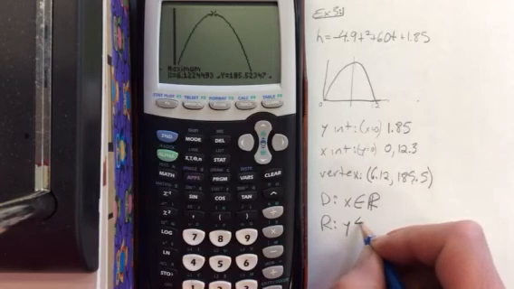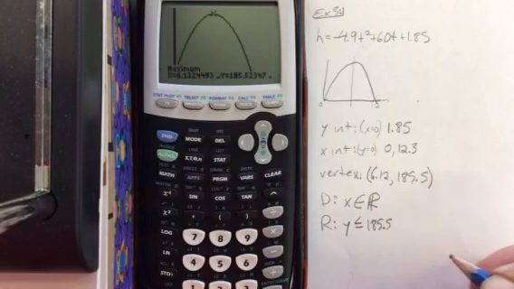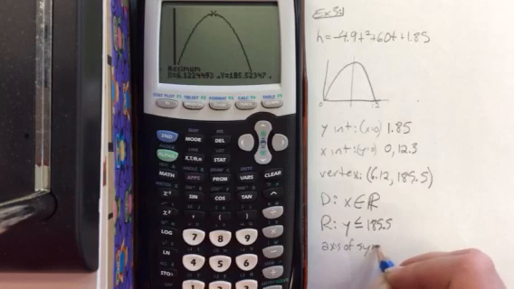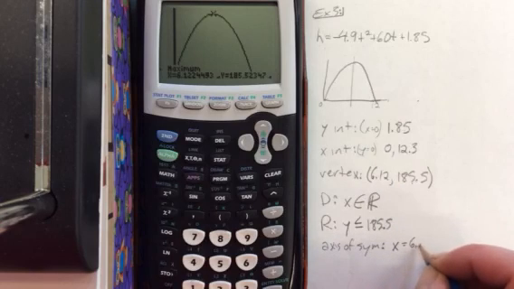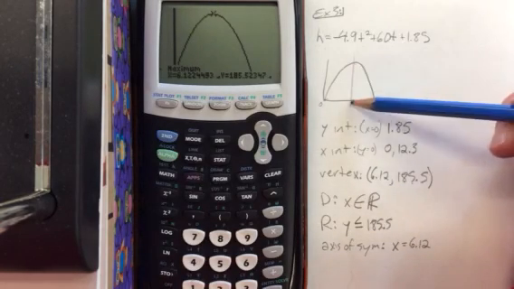So y is going to be less than or equal to that maximum value of 185.5. Now, if they had asked us for the axis of symmetry, that would simply be x equals 6.12, because that is the value of x for the middle of the graph.